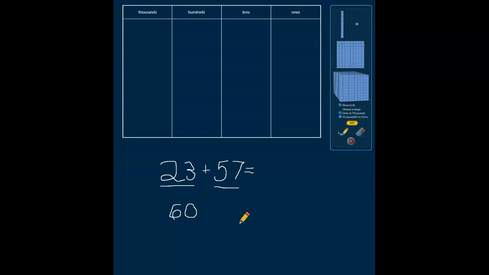How many times did I have to count on in order to get to 60? Well, you could think of your number line: 57, 58, 59, 60. So I counted on 3 times, which means I have 3 less from this addend. So this addend is now going to be 20.